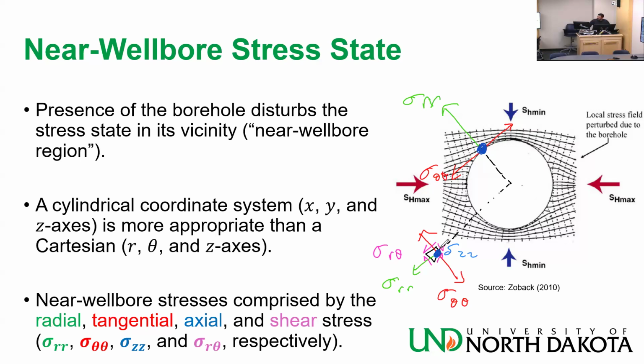That is basically a stress into the screen. Imagine if the wellbore is like this, the stress is like this or like this. It would be a cross if it's going down, a dot if it's coming up, but you don't care about the direction of the stresses now. Sigma ZZ.